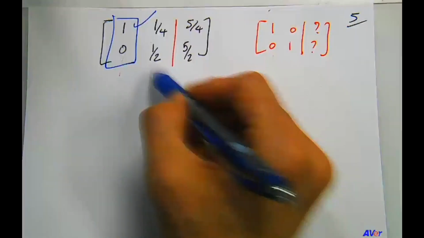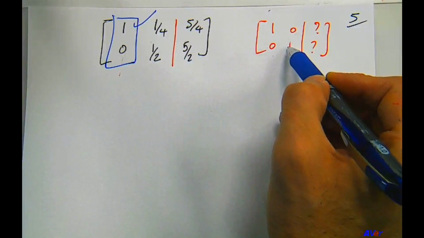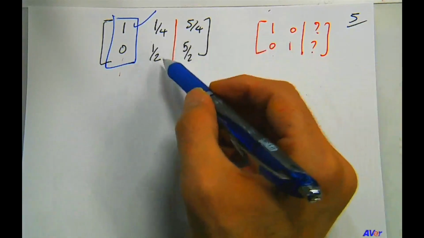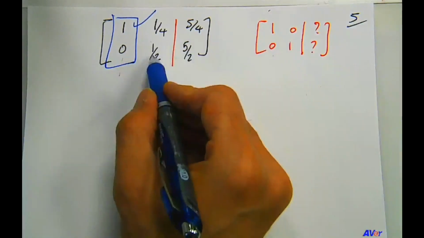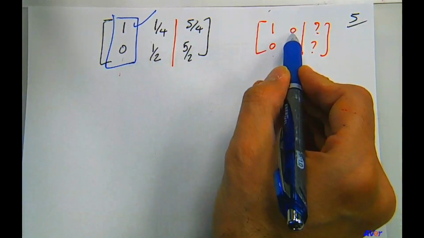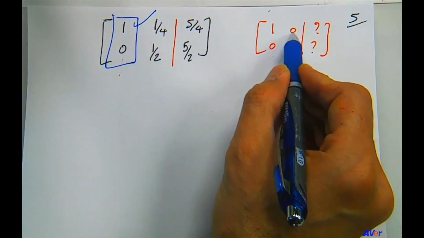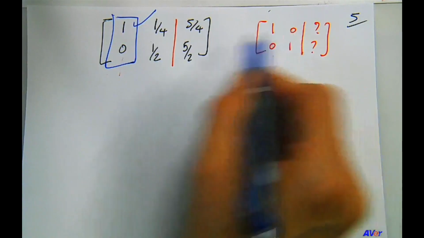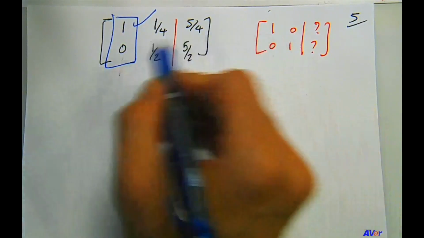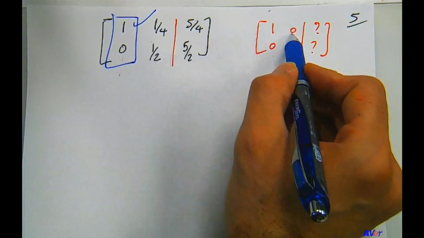Now, we need to move to the second column to get it to look like this. As I said, you have to get the 1 first before you worry about the 0. You do not want to start with the 0. So first get the 1. Once you have that, then worry about the 0.